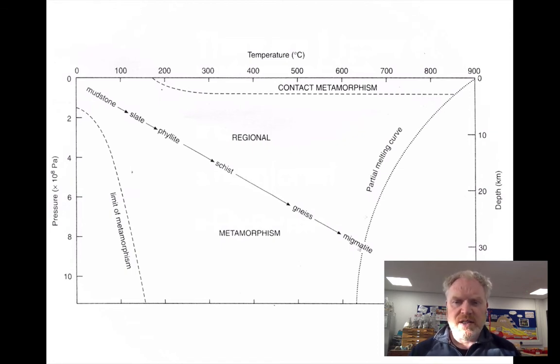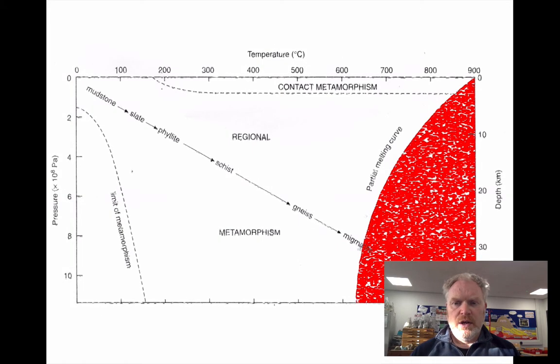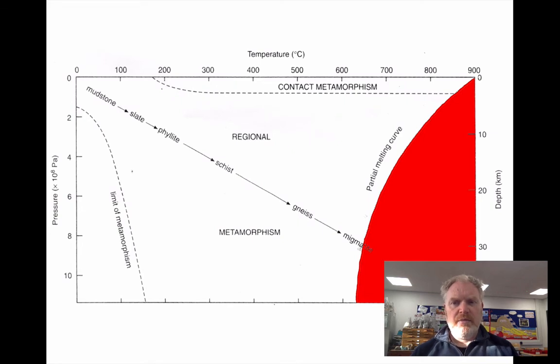You can see on the right hand side there, we've got a partial melting curve. To the right of that melting curve, at higher temperatures than the point where melting starts, that's where we have igneous rocks. So the red area on this graph represents igneous processes. So for this lesson, we're not really interested.